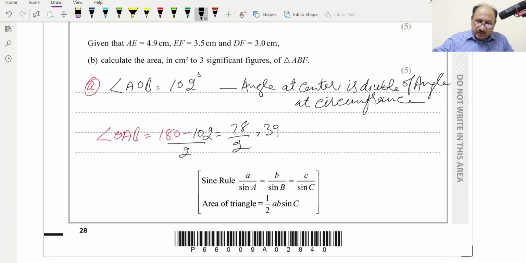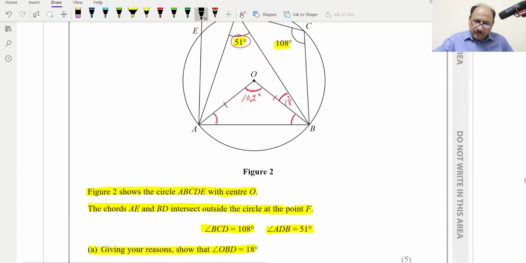So this angle is 102, so the other two angles plus 102 will add up to 180. This angle is 39, and this angle is also 39. We found these two angles.